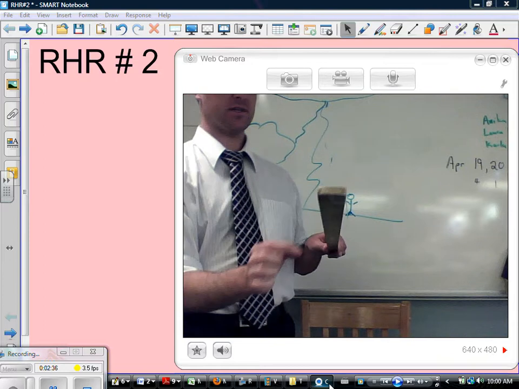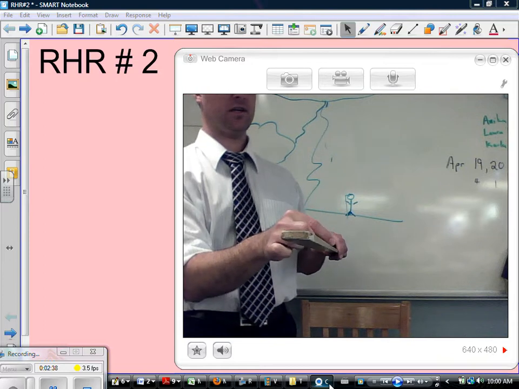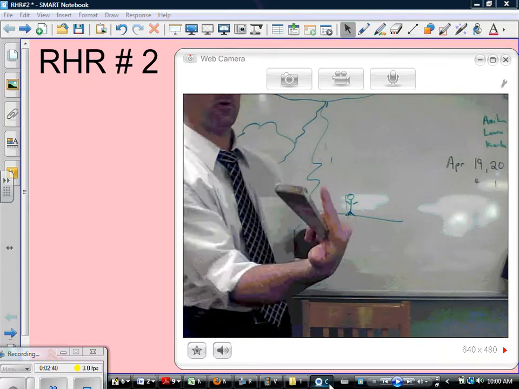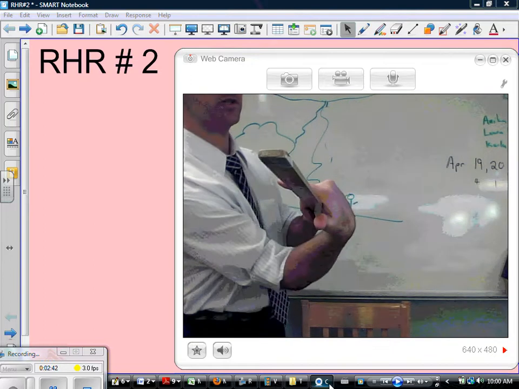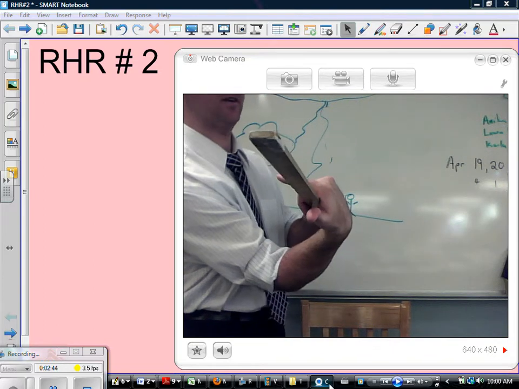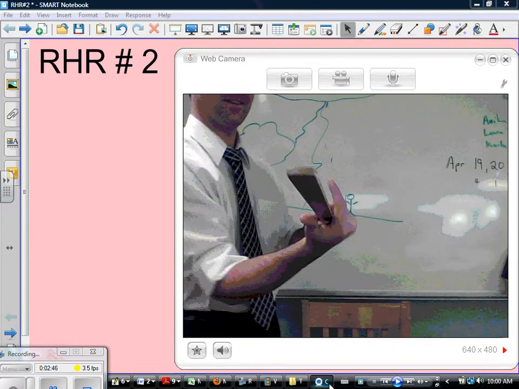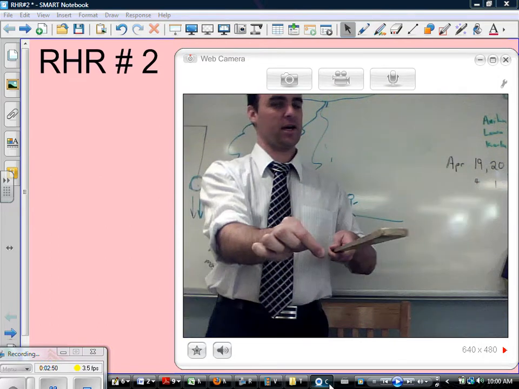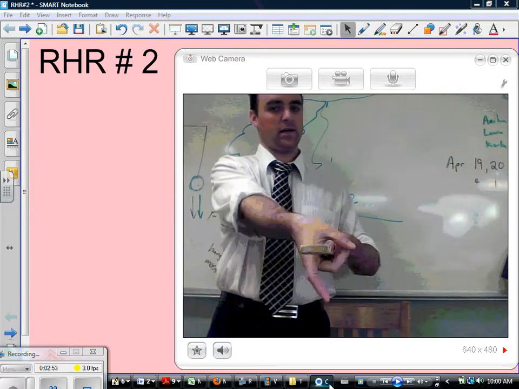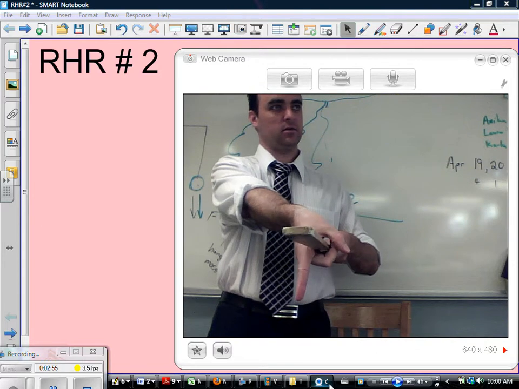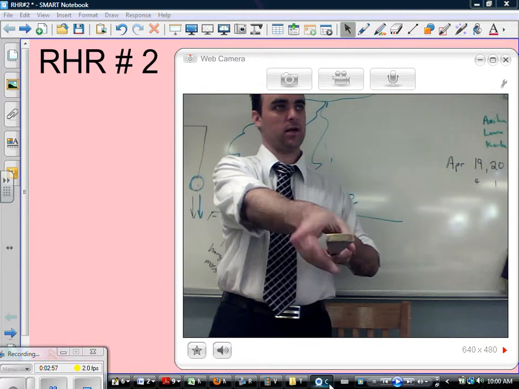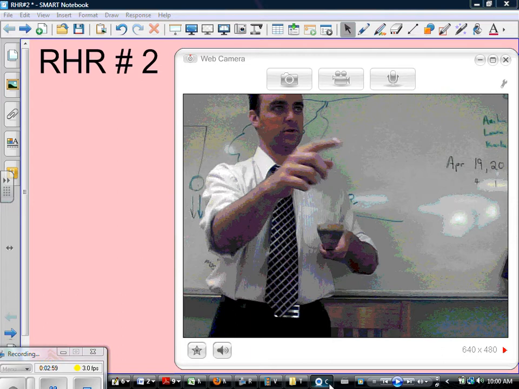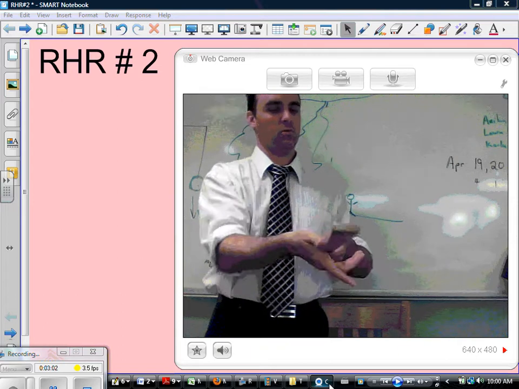If I place the compass directly above the wire, then you keep rotating around, and it's going to be pointing your left. If I placed a compass on this side of the wire, then again, it's going to be pointing down. So it's just a circle that goes around, and the direction is determined by which way the current's going.